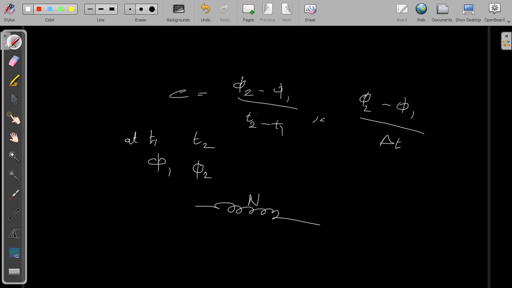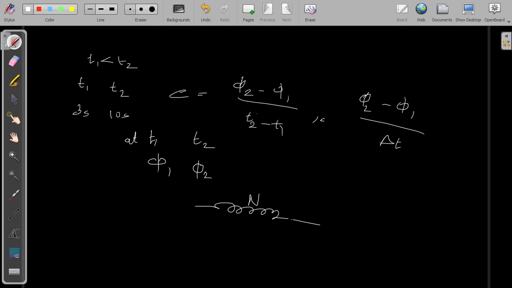T1 is less than T2, that is, first T1 comes, then T2. For example, T1 is 3 second, T2 is 10 second. So we are taking two time instants, and the flux linkage associated with the coil is phi1 and phi2 respectively.